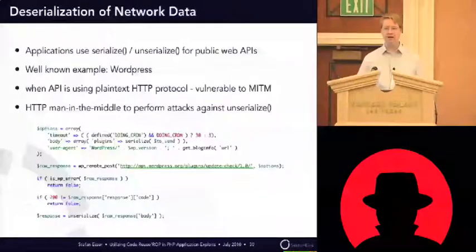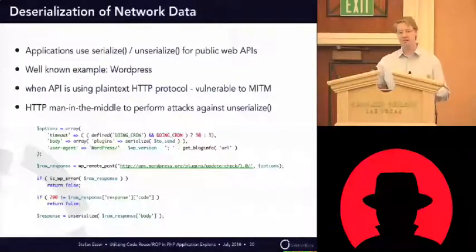So the next place where you see serialize and unserialize very often is when you look at the web application programming interface, the web API. Many PHP-style web applications will provide a serialize and unserialize way to maybe talk REST. They don't use JSON, they use serialize and unserialize.